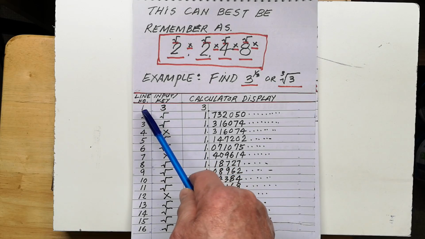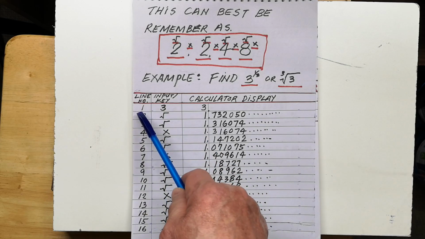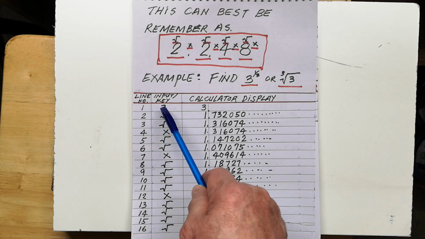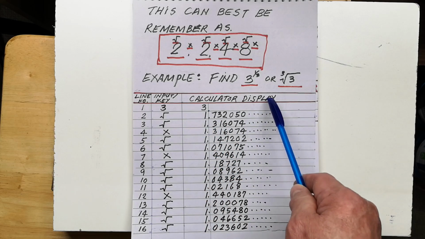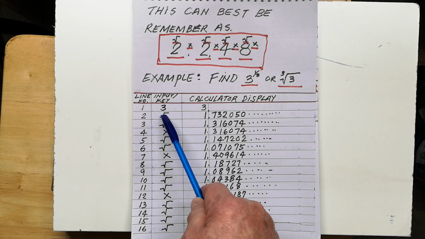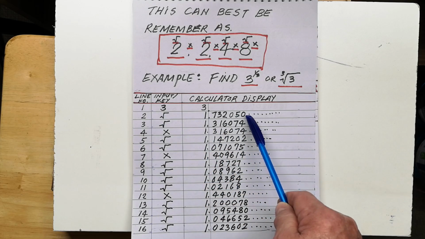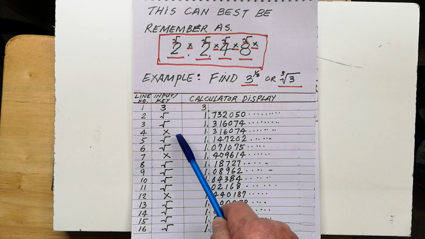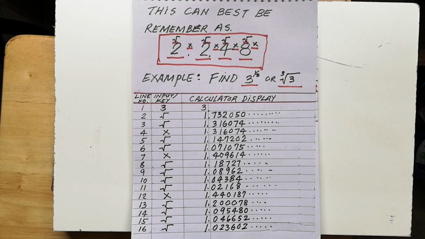Line is the line number, the process in which you input the number, and this is the display in the calculator. You press once, square root, and this is appearing in the display. And from 1 up to more than 16.